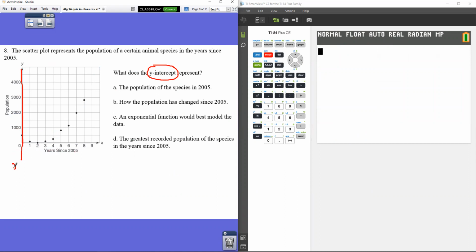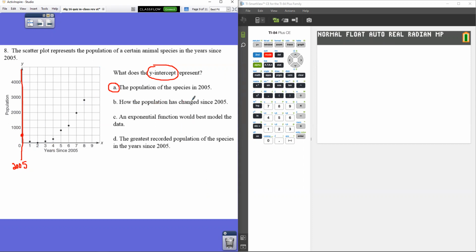So this y-axis is really the year 2005. So this dot right here, I know in 2005, the population was 500. So I can tell exactly where that is. It is the population of the species in 2005.